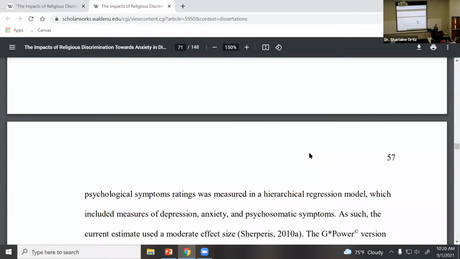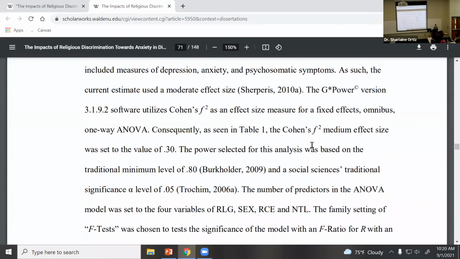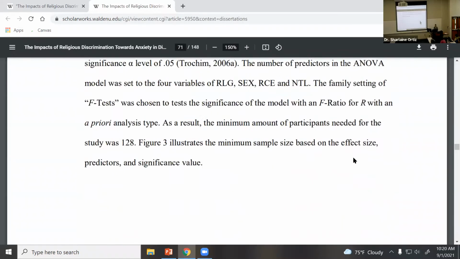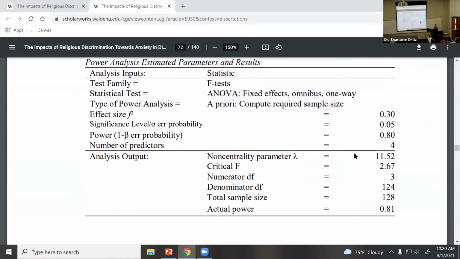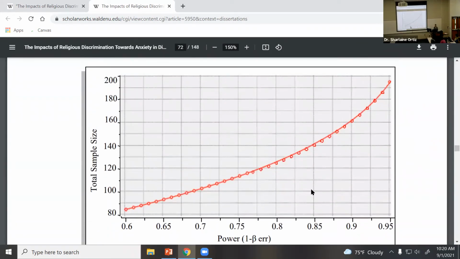Or in the case of a general, say for example, qualitative, what type of statistics do you use to measure for an effect size? And basically, how did you estimate that power analysis? And in this case, I did an analysis of variance. So that's what it looked like to calculate my power.